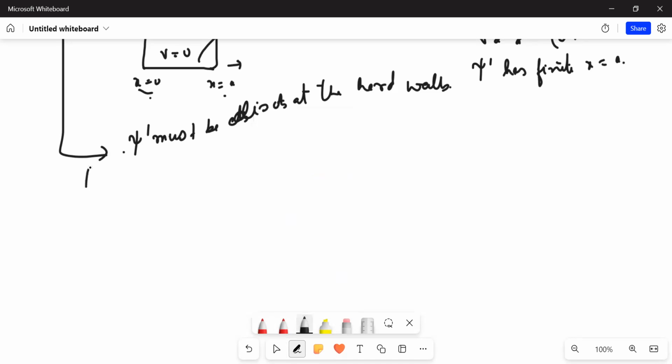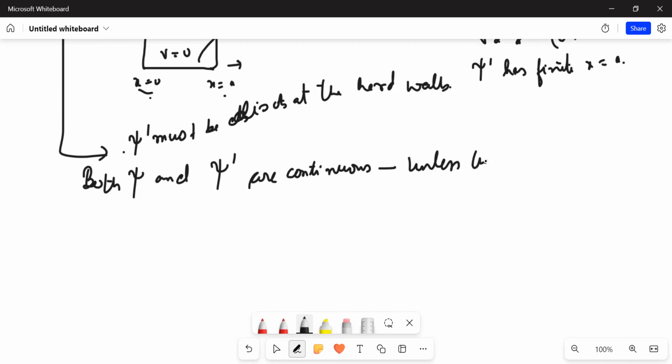That is, both psi and psi dash are continuous, unless the potentials have some Dirac delta functions or hard walls.